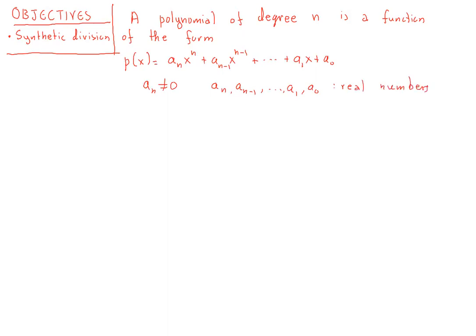Let's give some examples. So if we write p of x is equal to 3x to the fifth minus 5x plus 2, then this is a polynomial of the fifth degree.